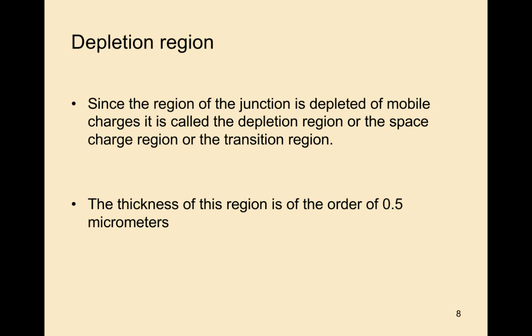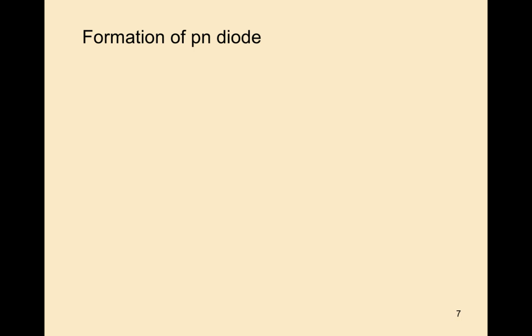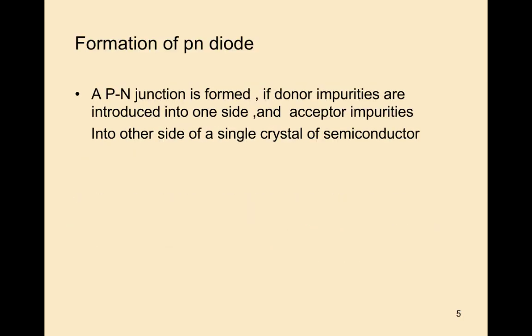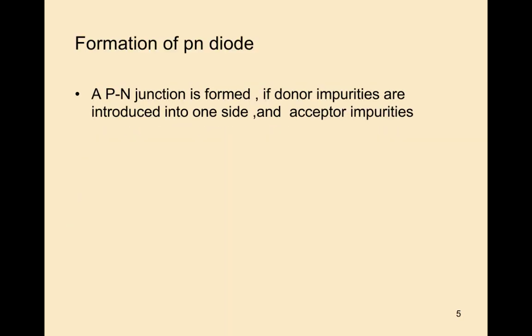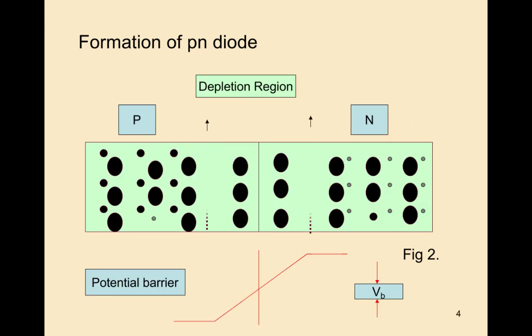That means the depletion region acts like a wall between the p and n-type semiconductors. After forming this depletion region, there is no movement of holes from p to n side and electrons from n to p side. So in this way, the p-n junction is formed.